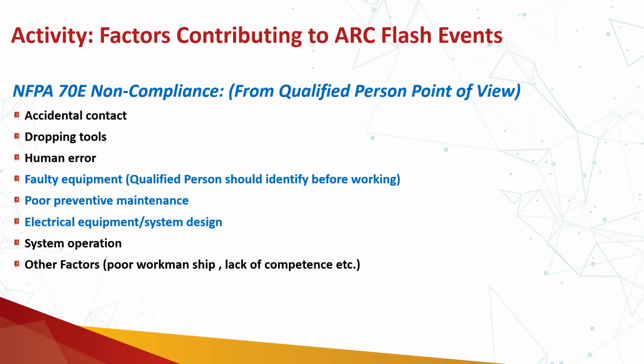Why did the person perform the operations on the equipment which was not properly maintained? So it is from the qualified person. So these are the responsibility of a qualified person to identify whether the equipment is faulty, it has some intrinsic issues, or it has some historic issue that this type of equipment has those issues here. Or poor preventive maintenance.